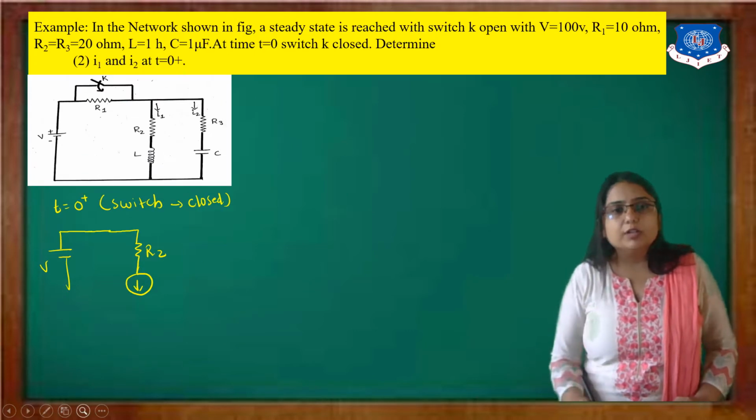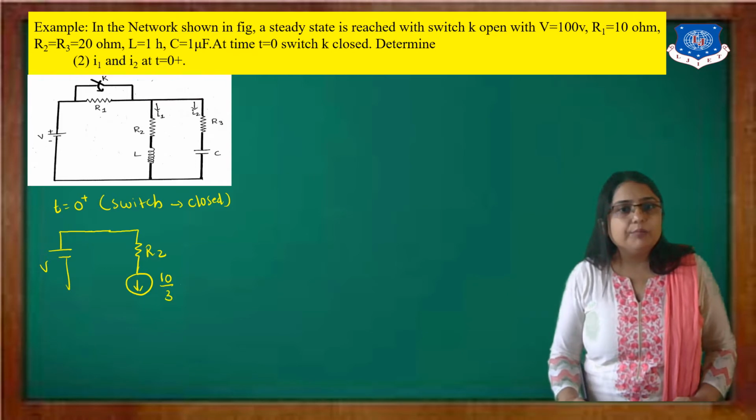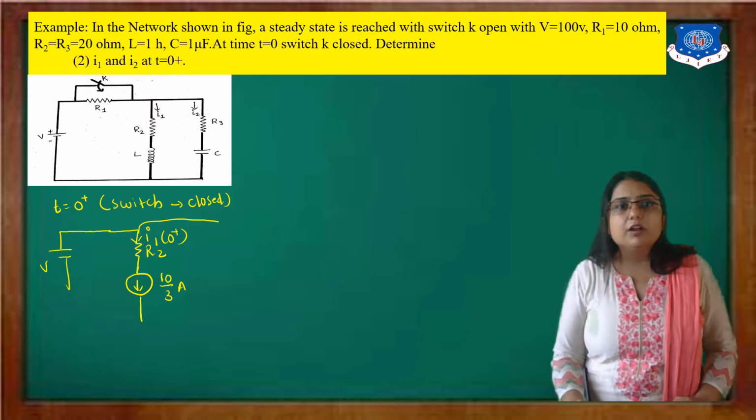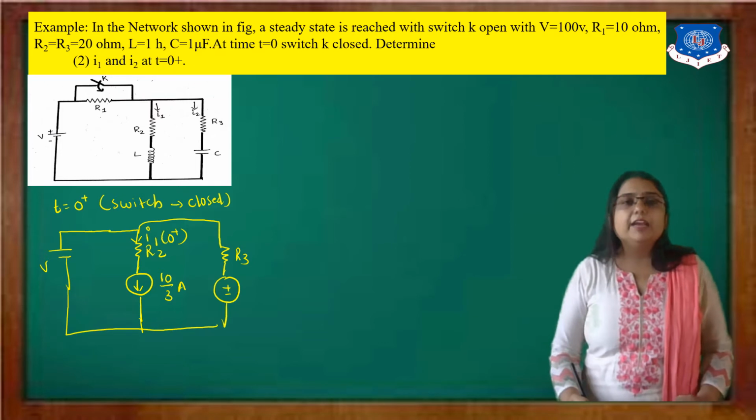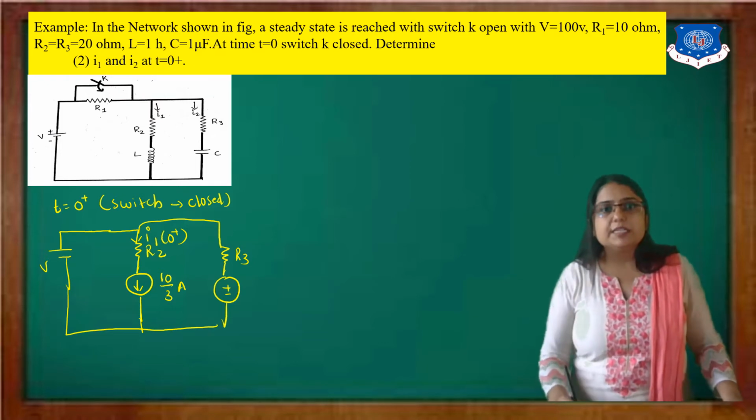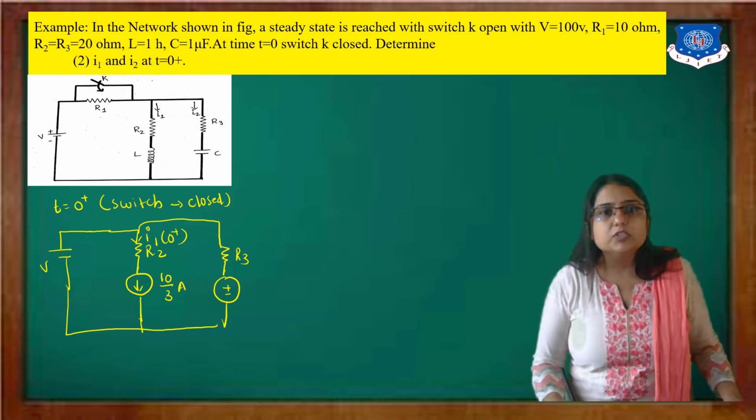So this is 10 by 3 ampere, and this current is I1, because we draw the circuit at 0 plus. Then second is R3, and this will behave as a voltage source, as we already discussed. Inductor behaves as a current source and capacitor behaves as a voltage source.